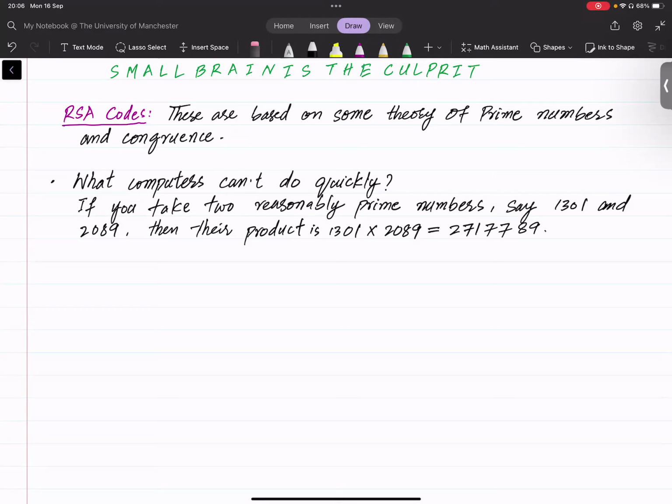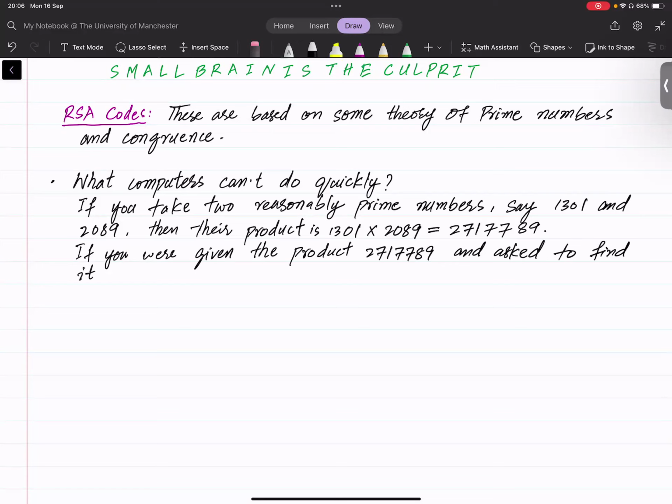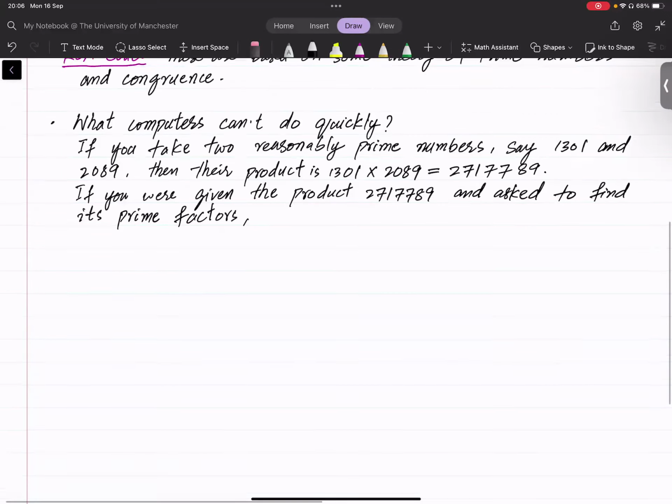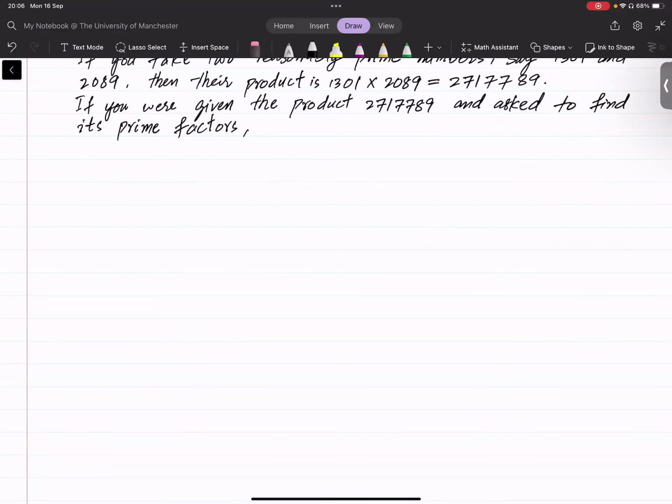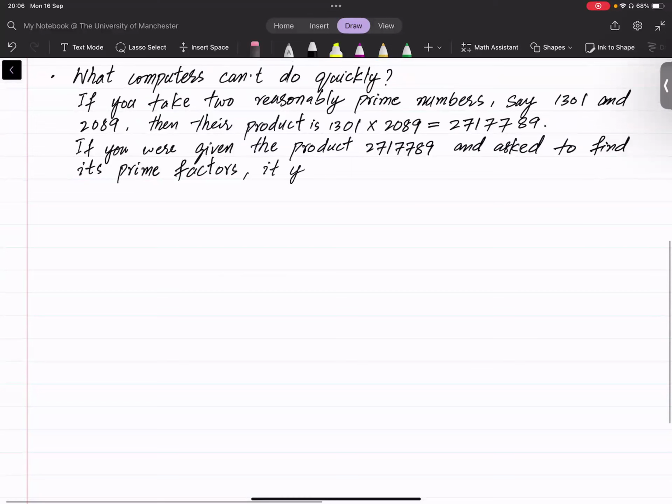Now, if you were given the product 2,717,789 and asked to find its prime factors, it would take you and your calculator much longer.